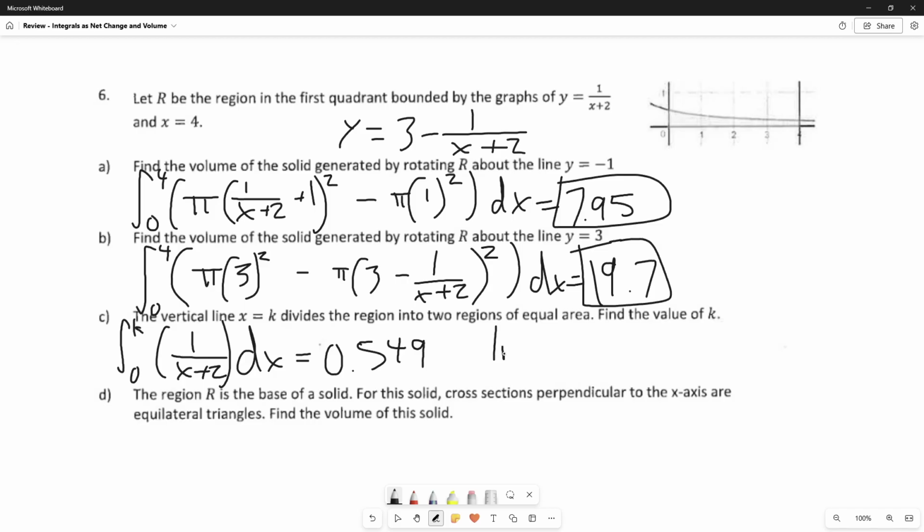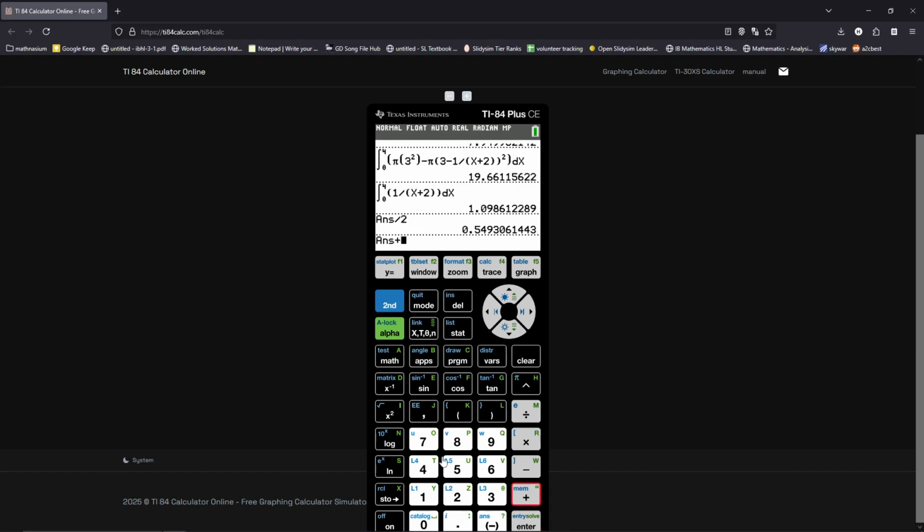That would just be ln of x plus 2. And insert k, minus ln of 0 plus 2, which is ln 2. It's equal to 0.549. So ln of k plus 2 is equal to 0.549 plus ln of 2. So we add ln 2 to this.